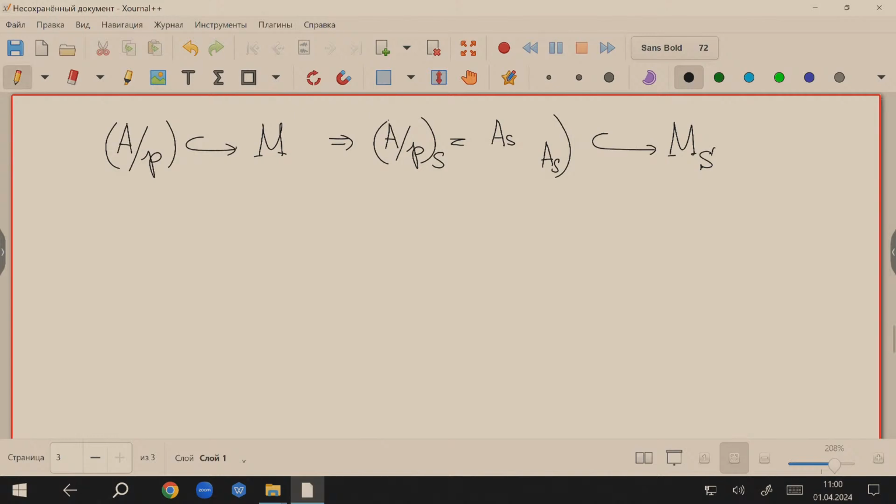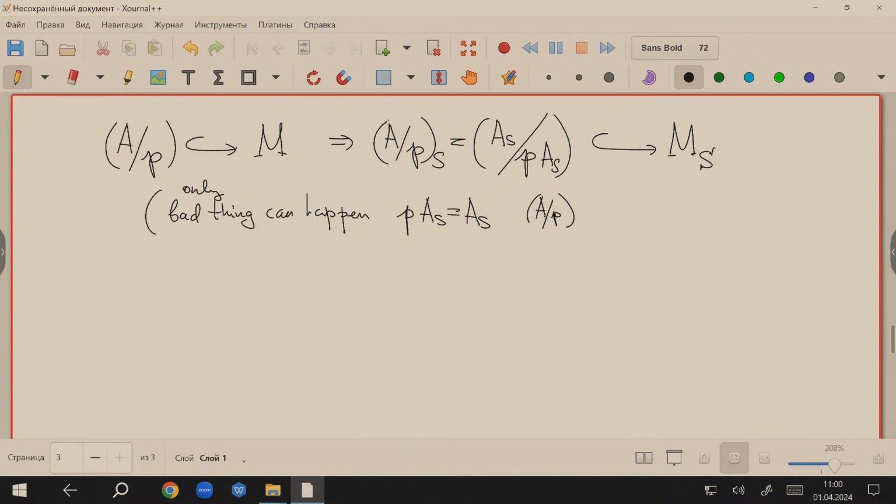So you have an inclusion, but technically this bad thing can happen. The only bad thing that can happen is that really P A_S is just A_S. So this means that A mod P_S is just 0. Yeah? So in this case, this is 0.